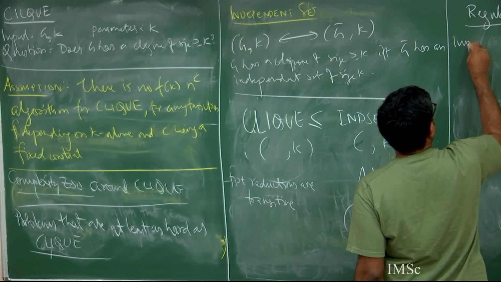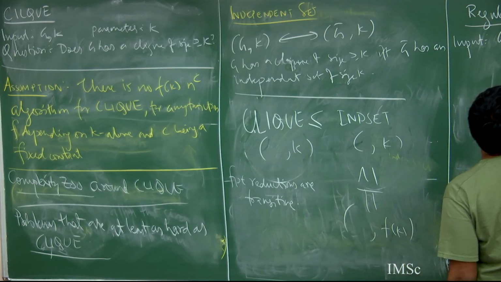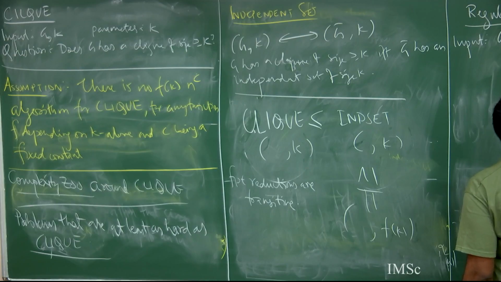Input: a graph G, number K, where every vertex in G has the same degree.